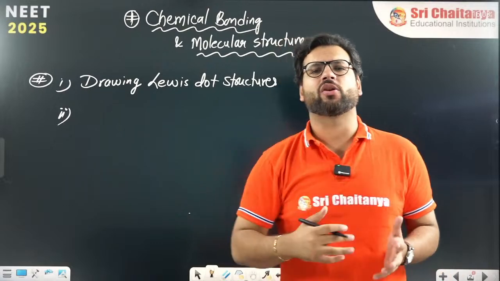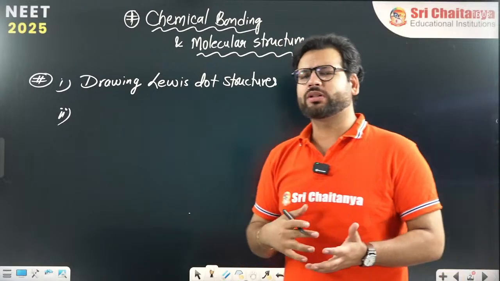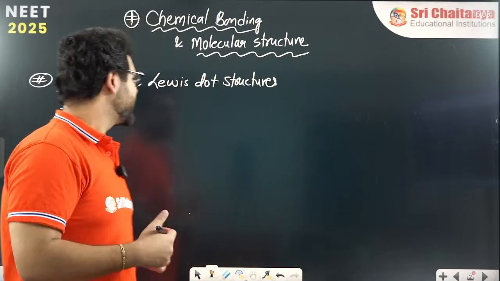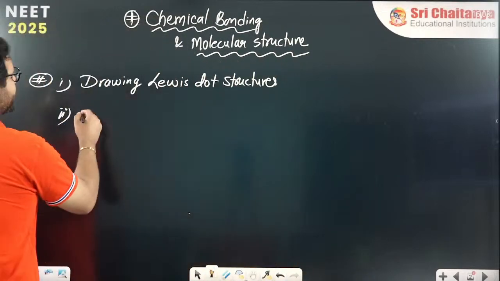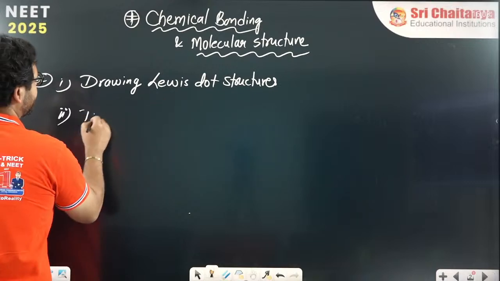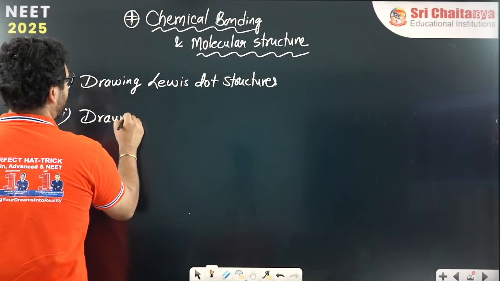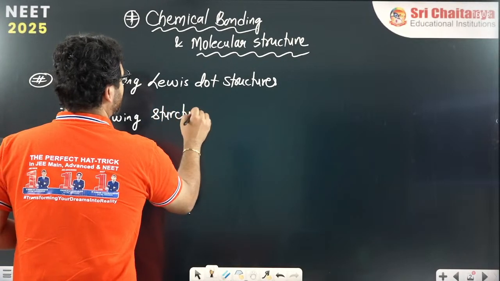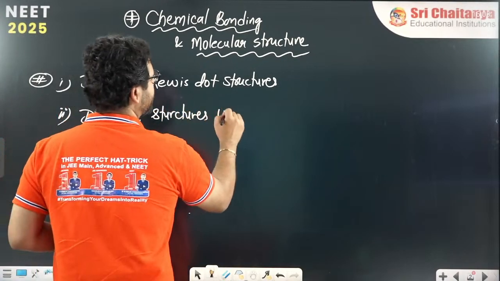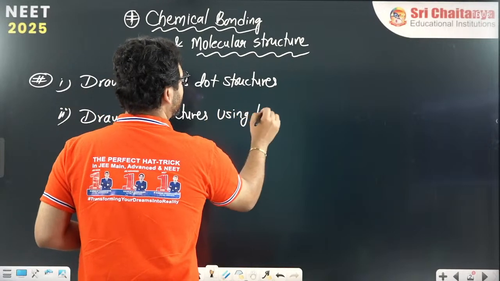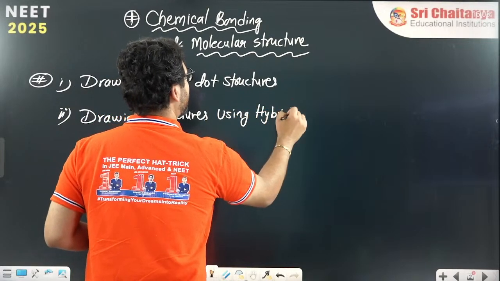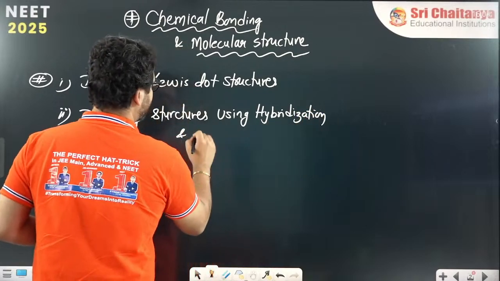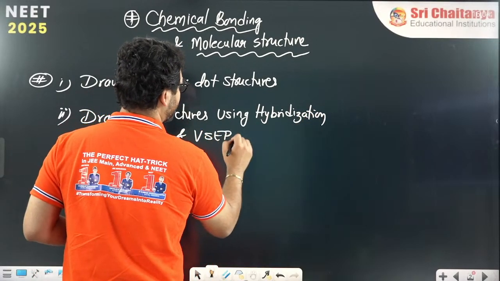We'll be writing the drawbacks: Lewis dot structures do not give us a clear picture of how a molecule looks and behaves. So next we'll go for drawing the structure using hybridization and VSEPR theory.